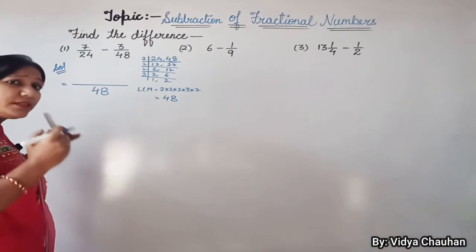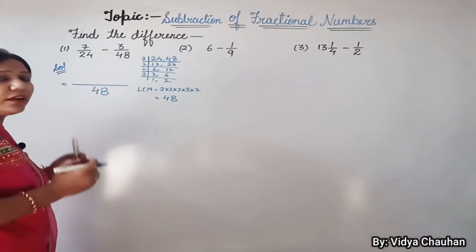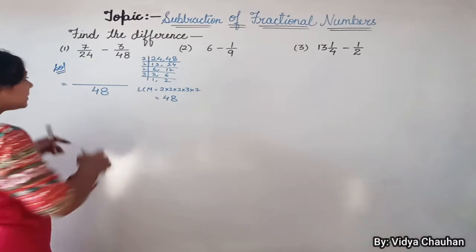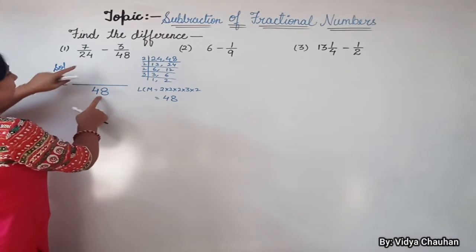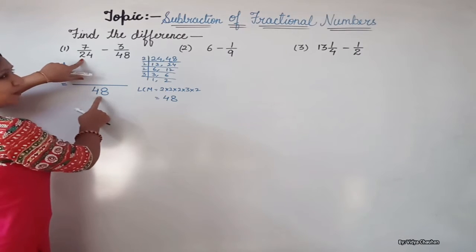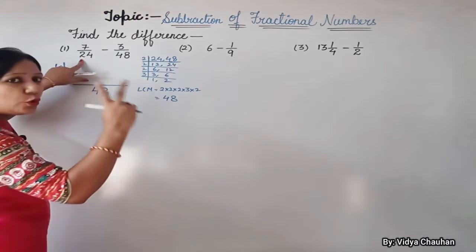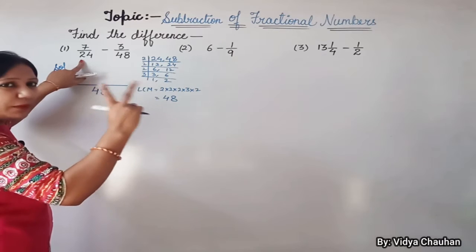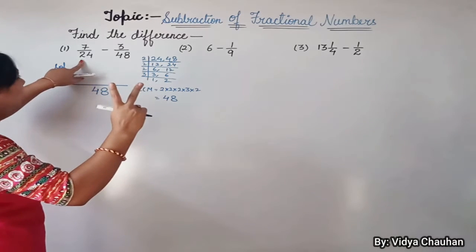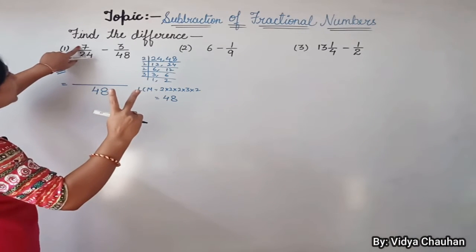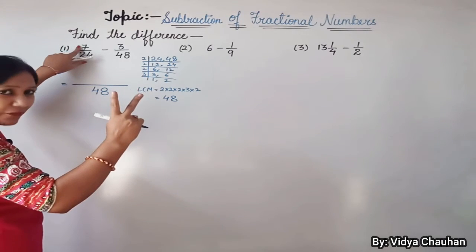Now the step is just the same as we did in the addition of fraction numbers. Divide this denominator 48 by 24. So 24 twos are 48. Keep this 2 and multiply it with the numerator of the same fraction, that is 7. Clear?